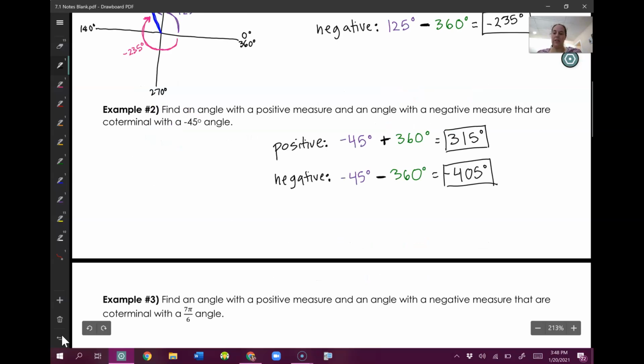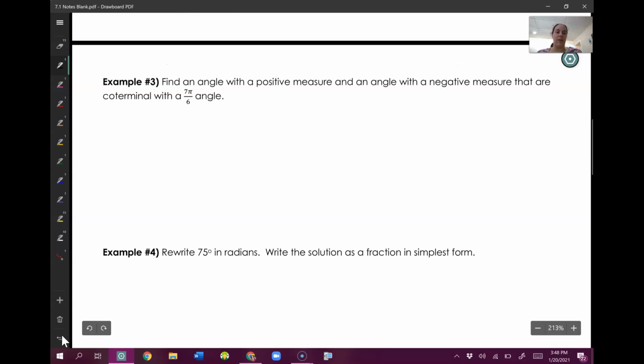Okay, let's do one more on this video where we're going to do it with radians instead of degrees, but it's still going to be the same process, where for the positive one, we're going to take our angle and add a full circle. And for the negative one, we're going to take our angle and subtract a full circle. So here's the angle given in the problem. For the positive, we're going to add.